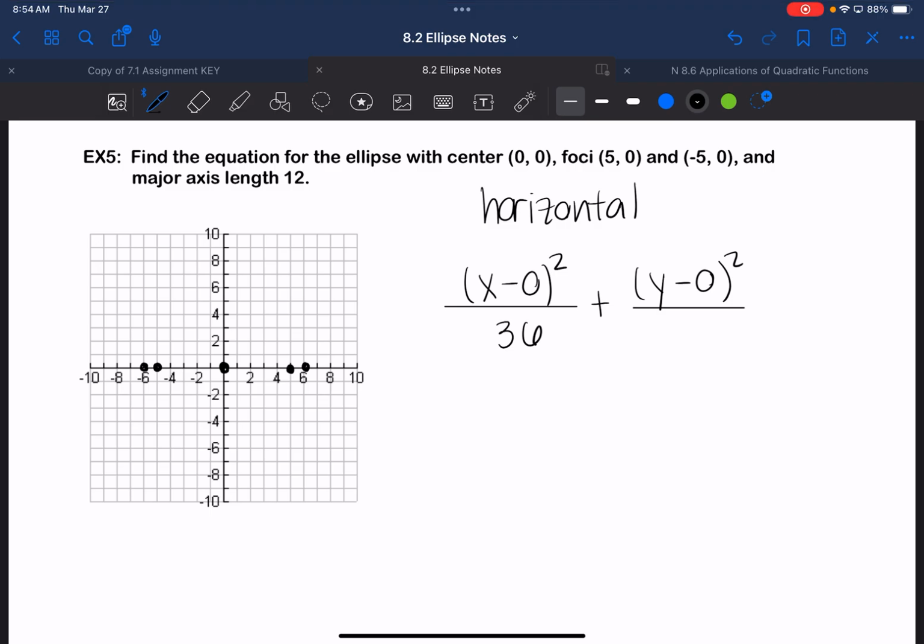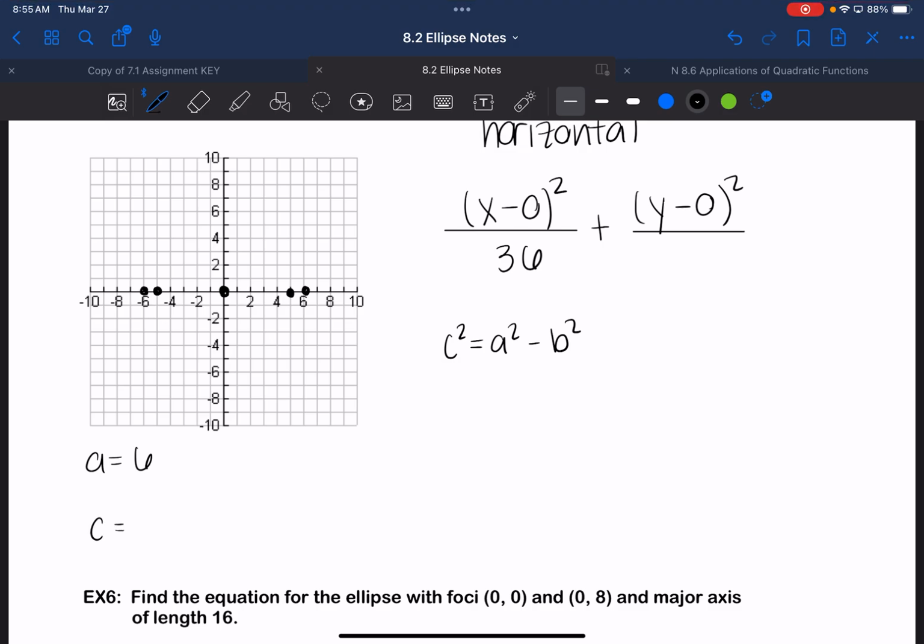Okay, well, remember, we know that c squared equals a squared minus b squared, right? And we figured out a, and did they give us information so we could also know c? Yeah. So we figured out a was 6. We were told enough information to determine c must be 5, right? Because we went 5 in either direction.